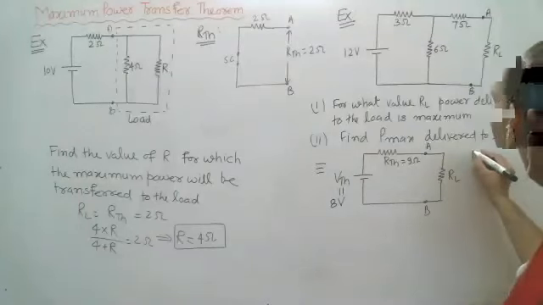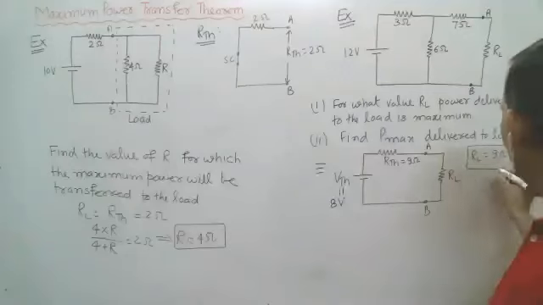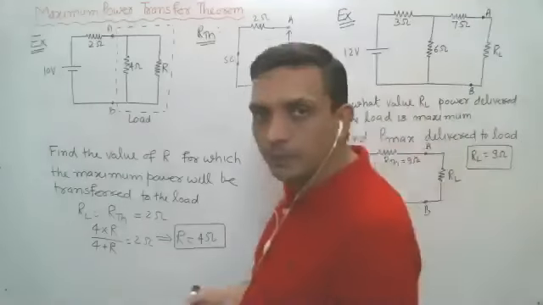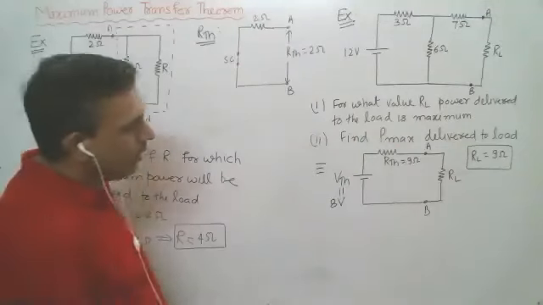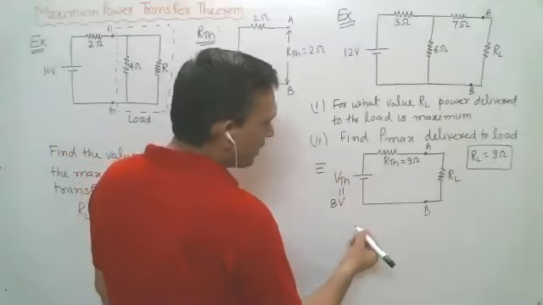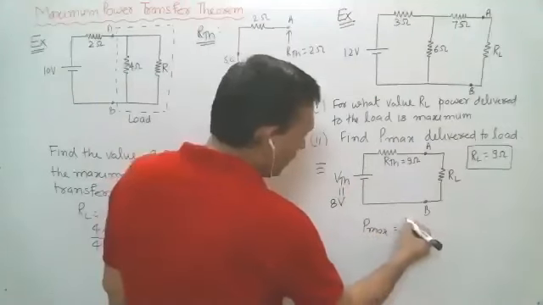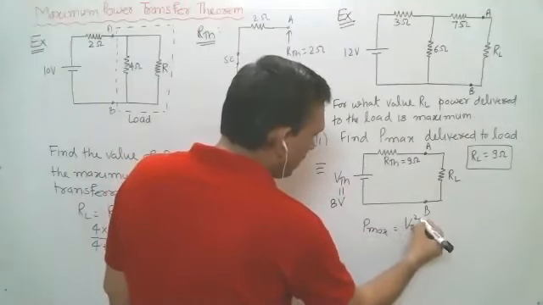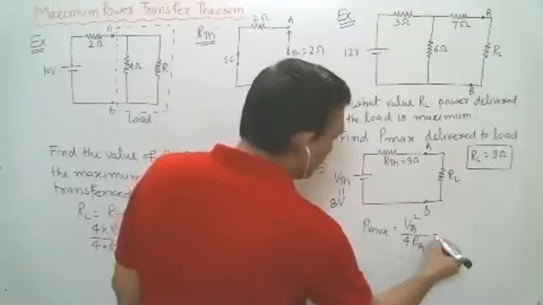So when RL is 9 ohm, maximum power will be delivered to the load. And what will be P maximum? That is VTH square by 4 RTH.